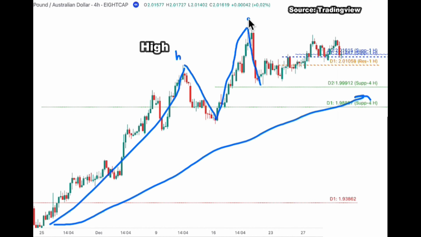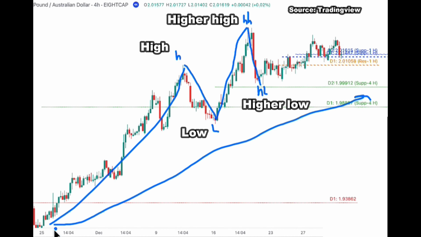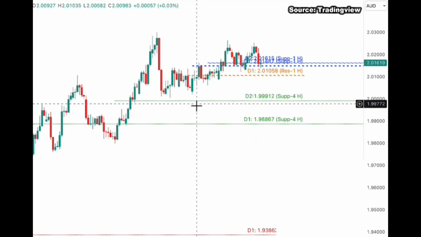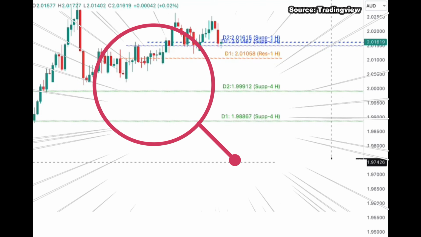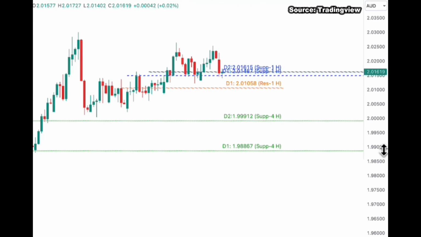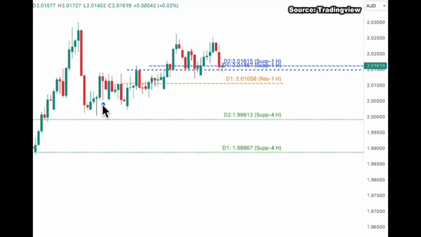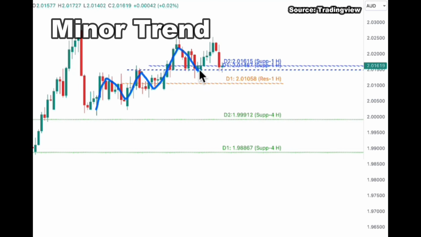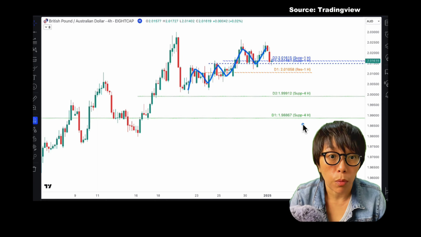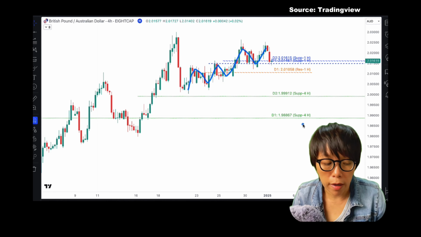So we have a high, a higher high here, a low, a higher low here. These would be the major trend, right? However, if we zoom in nearer to the price action, you will realize that somewhere around here, we have the minor trend. So we have the major trend, and then we have the minor trend, right?